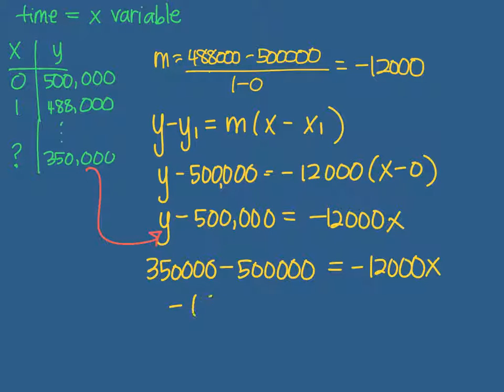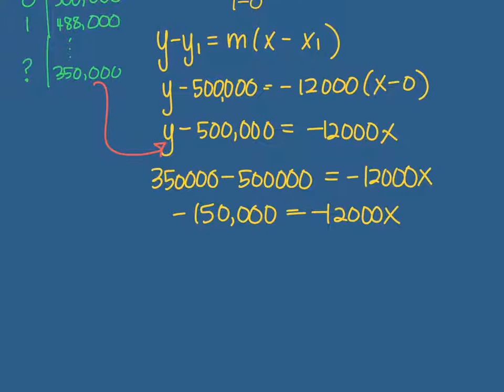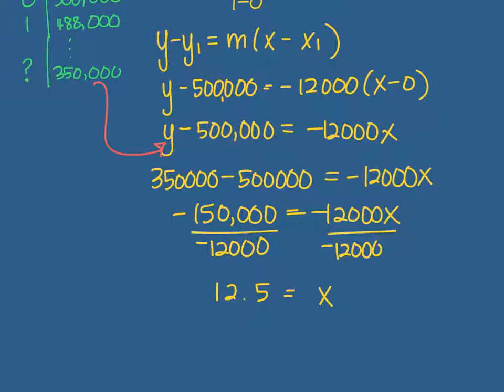So that's negative 150,000 when you subtract, equals negative 12,000x, and I can divide that. You could use your calculator to divide by negative 12,000. So 2 negatives make a positive, and I end up with what number? Anybody type it in? 12.5. 12.5 what? Years.